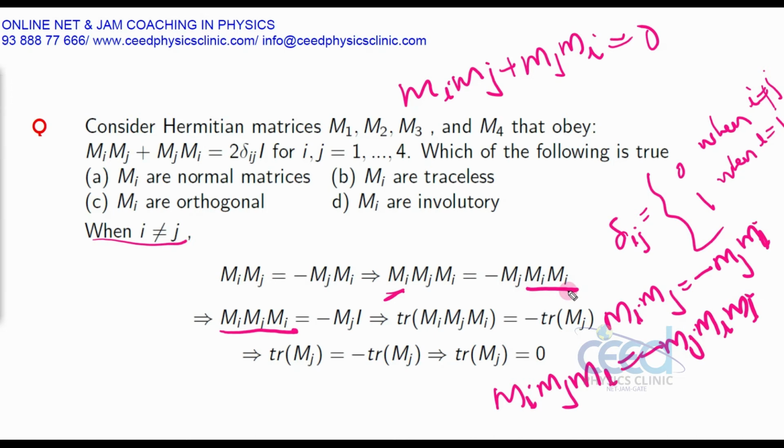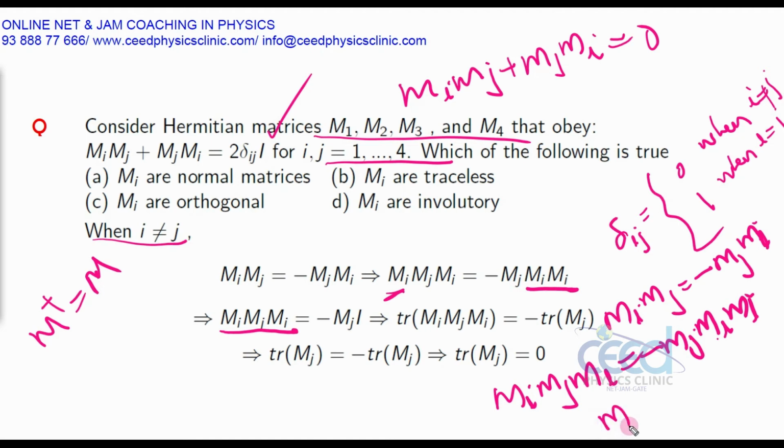See, i can take values from 1 to 4, right? These are all Hermitian matrices. For a Hermitian matrix, what I said is M dagger is equal to M. So this Mi I can write as Mi dagger, because this is a Hermitian matrix as already given.